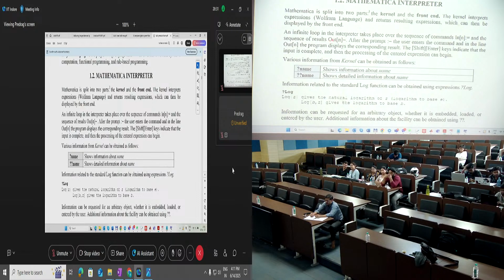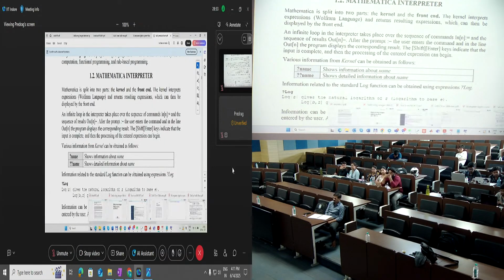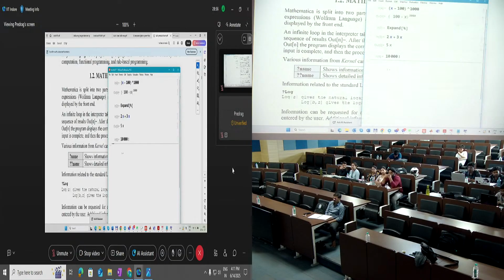Inputs are denoted as In of number n, which changes outputs as Out of n. Here is the possibility to ask questions about Mathematica. I will ask some questions if you have doubts. For example, I can ask about the function log.